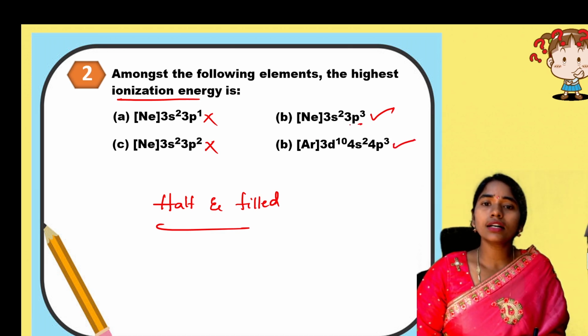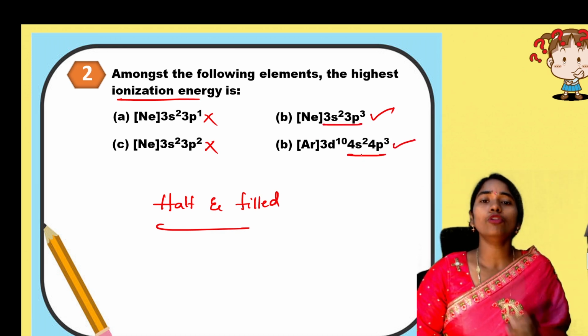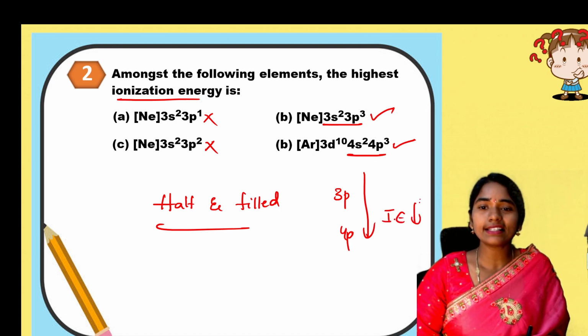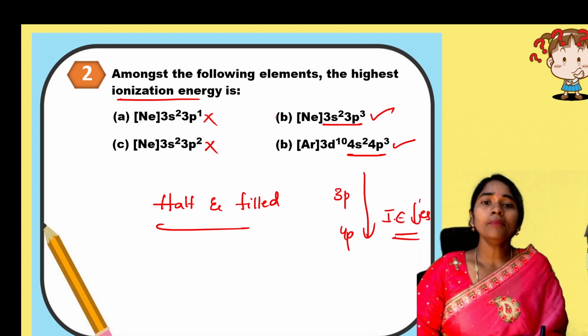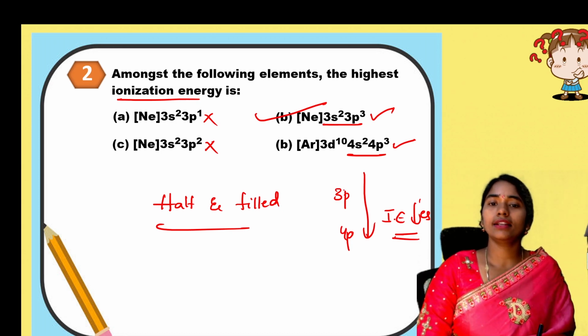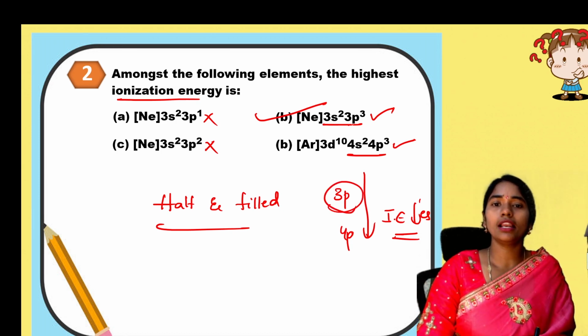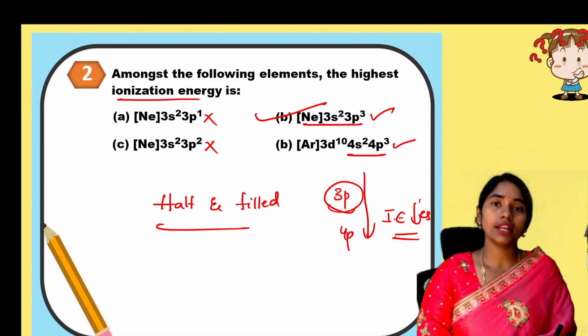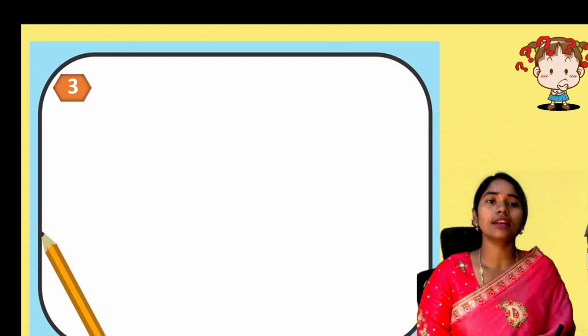Here this is a 3rd period element and this is a 4th period element. Top to bottom, ionization energy decreases in a group. Then this element, the 3rd period element, has more ionization energy. Option B is the correct answer.